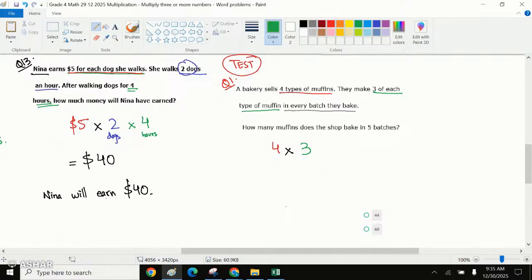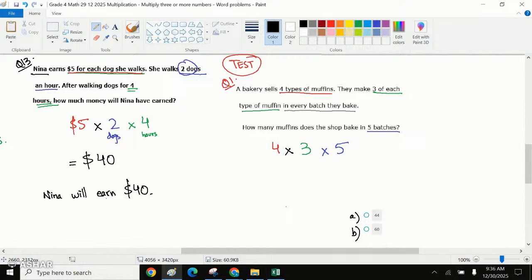And the question says, how many muffins does the shop bake in 5 batches? There were 4 types, 3 each, and there were 5 batches. So what should be the correct answer? Option A or option B? 44 or 60?